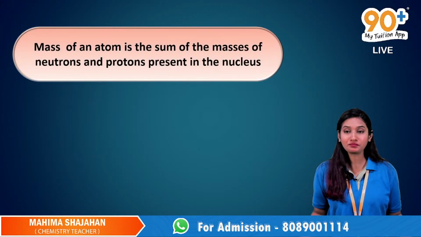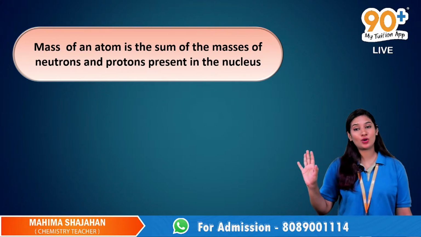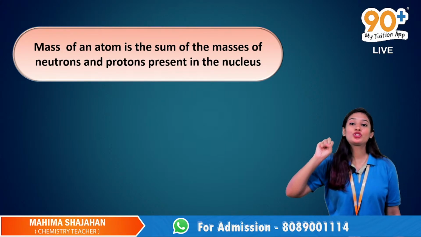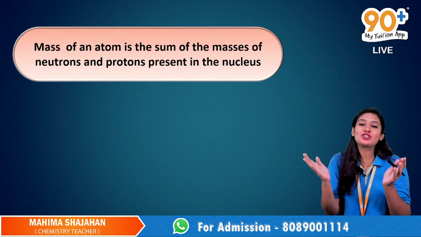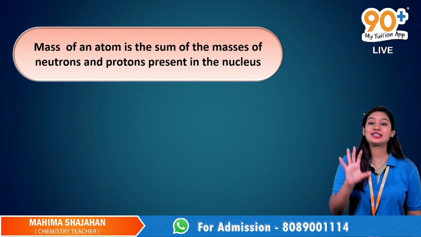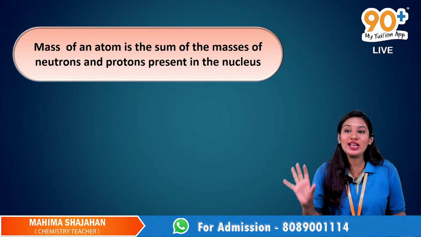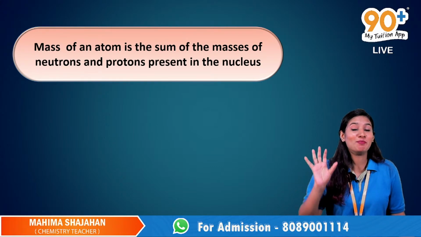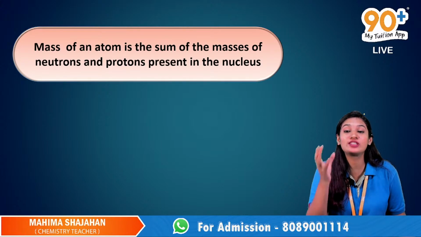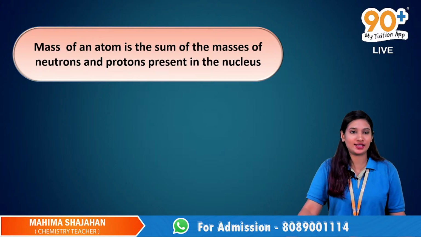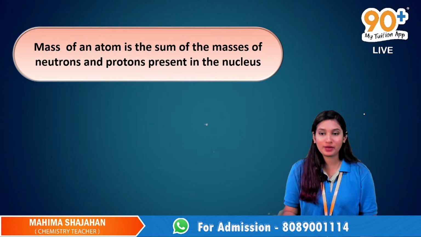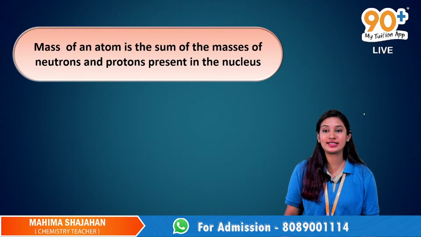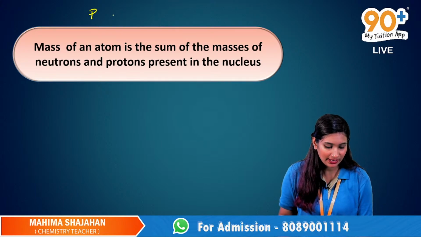Now, we already found that since the proton and neutron have mass and the mass of electron is negligible, we can say that the mass of an atom will be equal to the masses of neutrons and protons present. See, the subatomic particles present inside an atom are proton, electron and neutron, right?